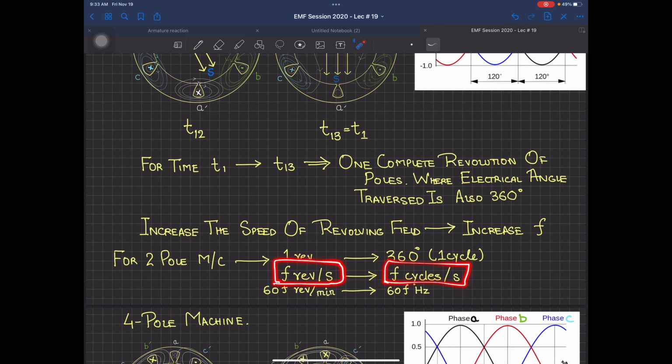In Pakistan, that is 50 hertz, that is cycles per second. Now, this is in cycles per second. If you want to convert it into RPM, that is revolutions per minute, you have to multiply it by 60. So what this is telling you is that if you have a two-pole machine, your speed of the magnetic field is given as 60f.